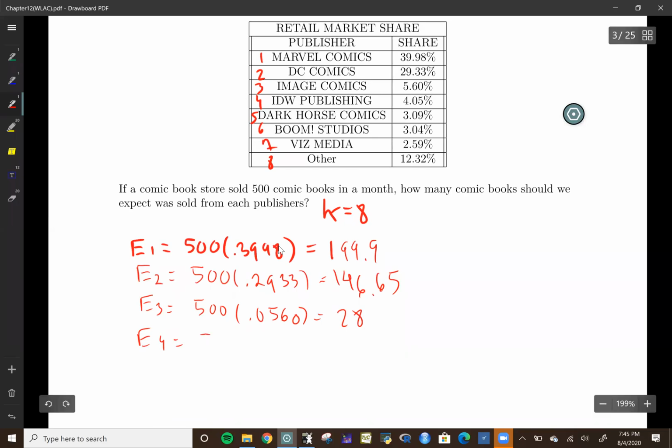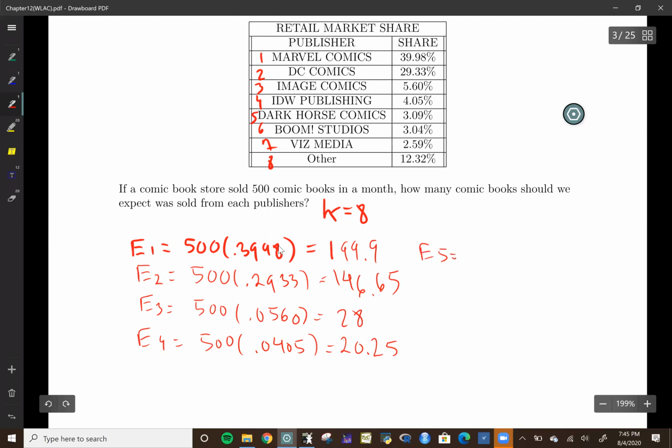That's 500 times 0.0405, and you get 20.25.